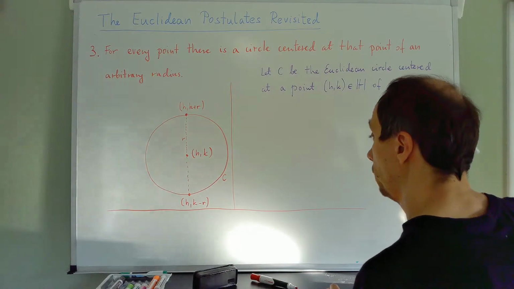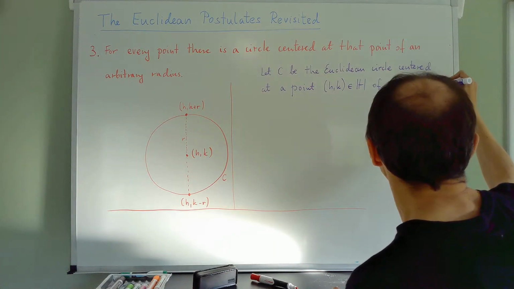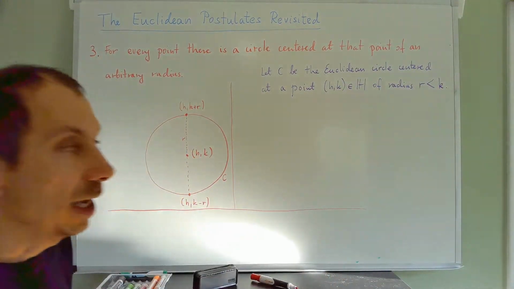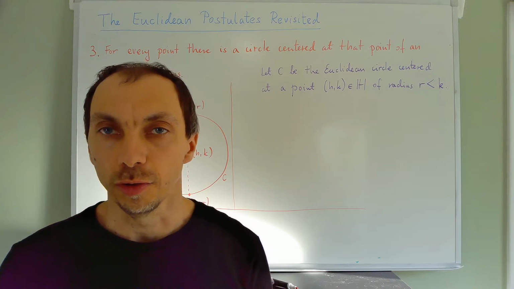So that the circle actually fits into the hyperbolic plane, I need the radius to be less than the y coordinate k. So yes, around every point I can draw a circle.